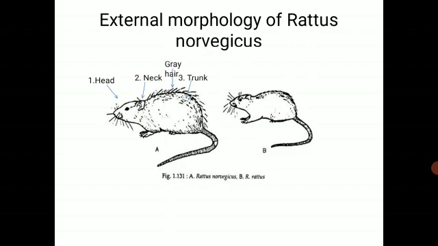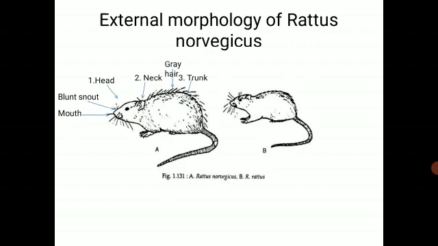Now first we start with the head, because the head bears many different types of organs. The head shows a blunt snout, and that blunt snout ends in the mouth.